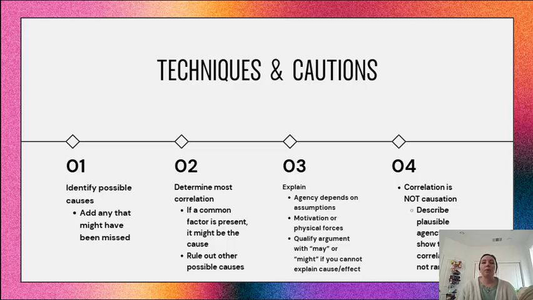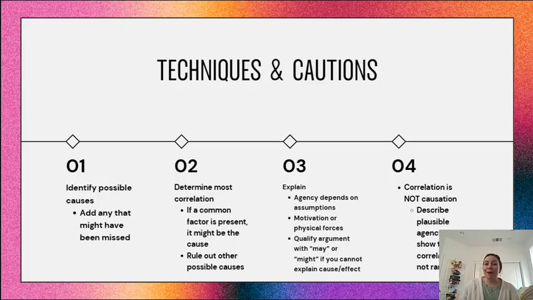And so one tip for you, to make sure that you are not overgeneralizing or making too many assumptions that could lead you into a logical fallacy, is to qualify your argument with words like may or might if you feel like you can't fully explain the cause and effect.